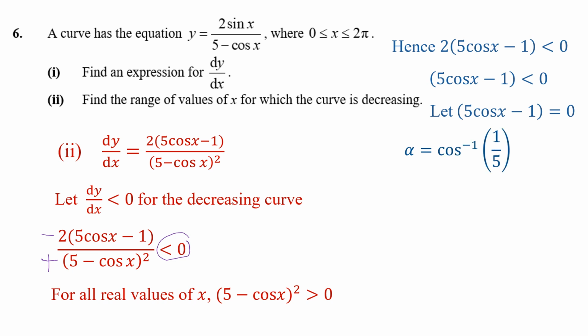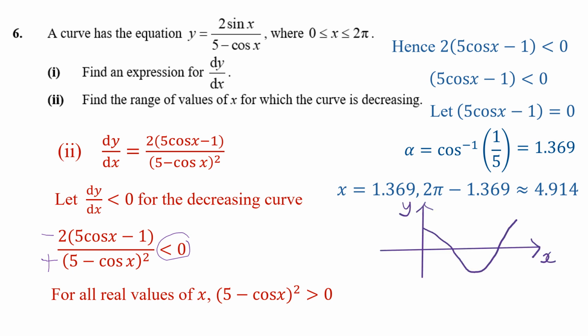So how do we do it? Yes, you have to find a reference angle. The reference angle will be cosine inverse 1 over 5, which is a positive value. So which are the possible quadrants for cosine to be positive? Yes, first and fourth quadrant. So that will be your 2 x-intercepts.